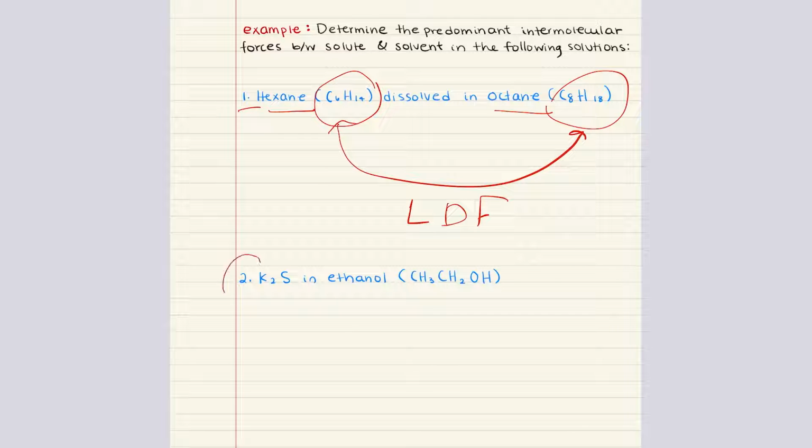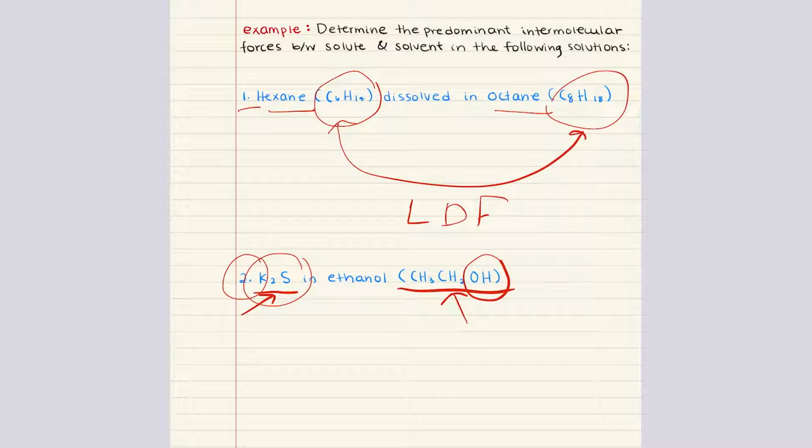Let's go ahead and take a look at our second solution here. We have potassium sulfide in ethanol, and we're given the molecular formula for ethanol, CH3CH2OH. We have an alcohol group here. Now, potassium sulfide is ionic and ethanol is polar. Ethanol molecules are actually held together in the liquid phase by hydrogen bonding, but there is no hydrogen bonding between the ions of potassium sulfide and ethanol.